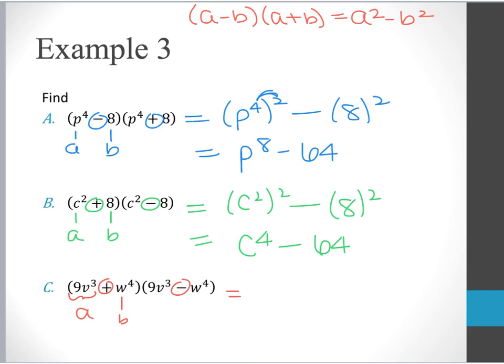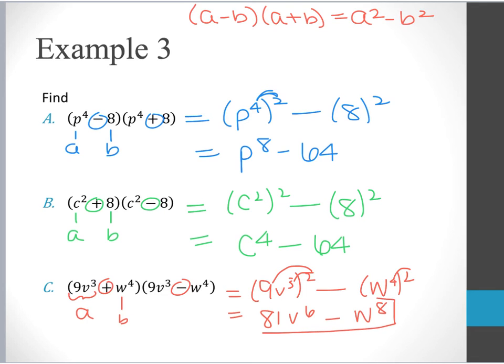With that, I apply my difference of squares: I have 9v cubed raised to the second power, and from that I subtract w to the fourth raised to the second power. Again, I'm going to simplify. 9v cubed raised to the second power, I distribute that square onto both, which gives me 81v to the sixth, minus w to the fourth raised to the second power, which gives me w to the eighth. And here I am done.